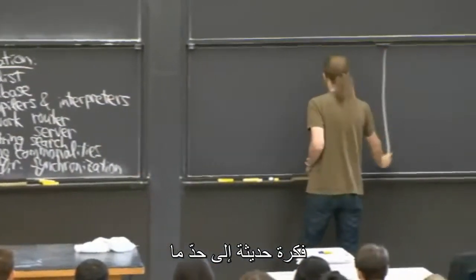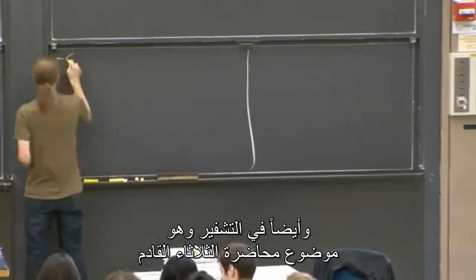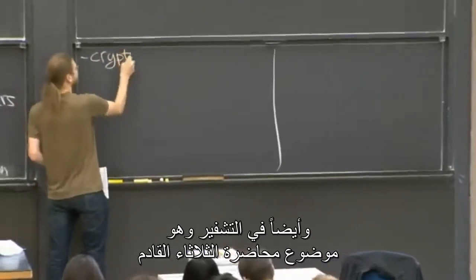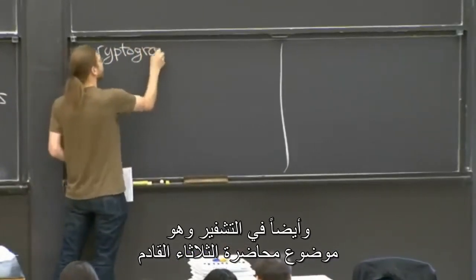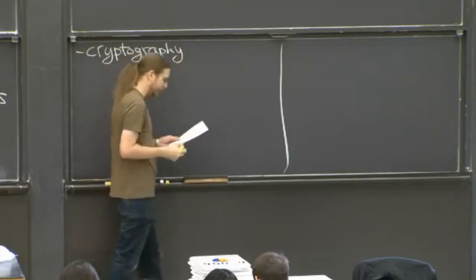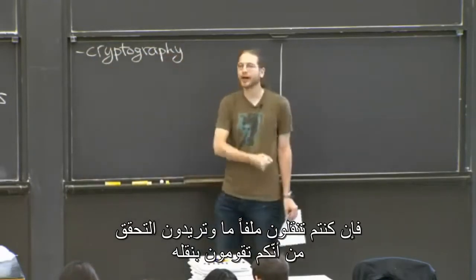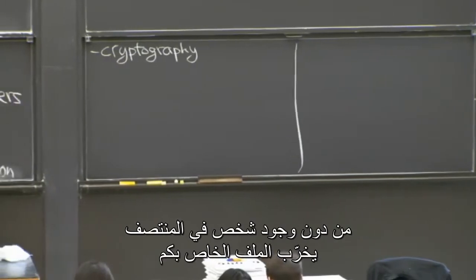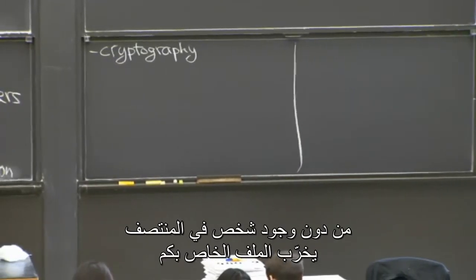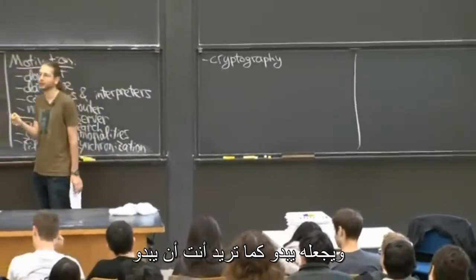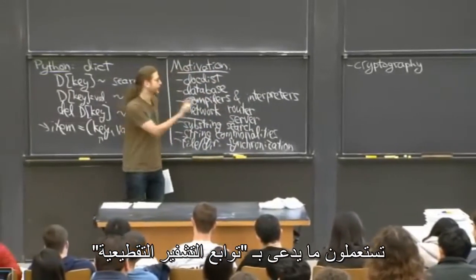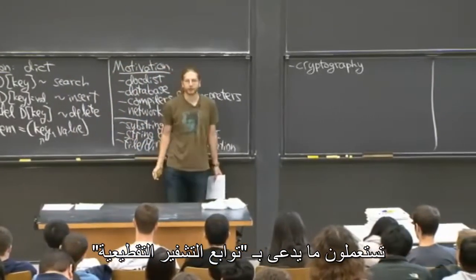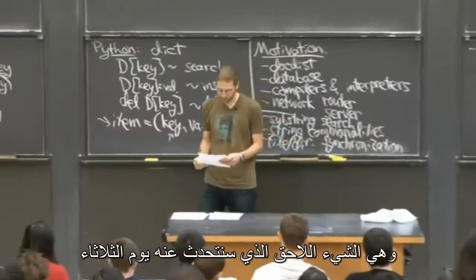Fairly modern idea. And also in cryptography, this will be a topic of next Tuesday's lecture. If you're transferring a file and you want to check that you actually transferred that file and there wasn't some person in the middle corrupting your file and making it look like it was what you wanted it to be, you use something called cryptographic hash functions, which Trini will talk about on Tuesday.